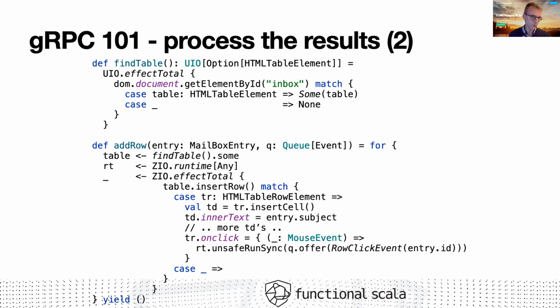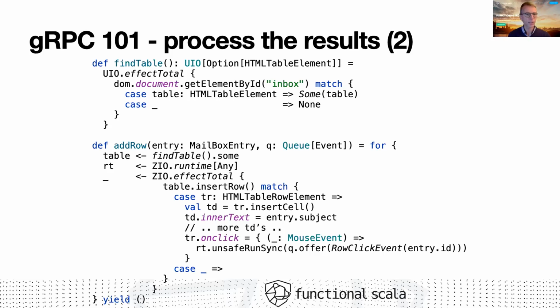There are, of course, libraries which can help you create this HTML code. I decided not to use that for this demonstration. And in the end, what I want to do here too is that when I build up this table with the individual mail entries, I want the user to be able to click on one of those rows. And when they do, the entire message should be loaded and displayed on the bottom of the screen, right?